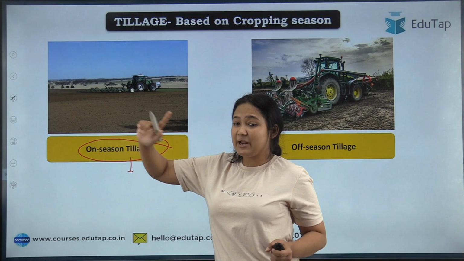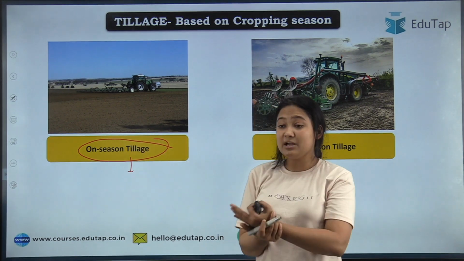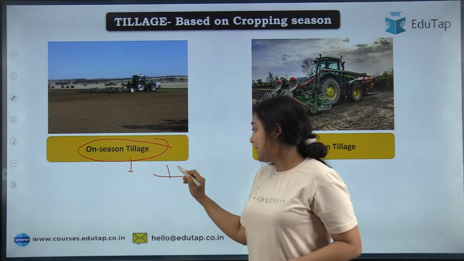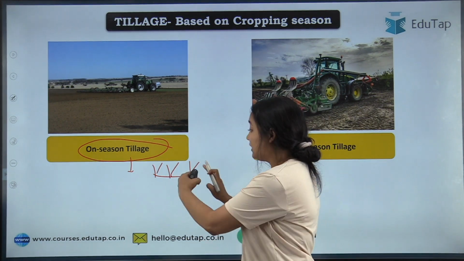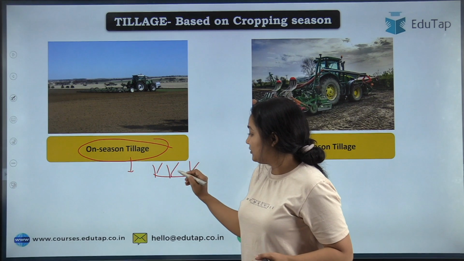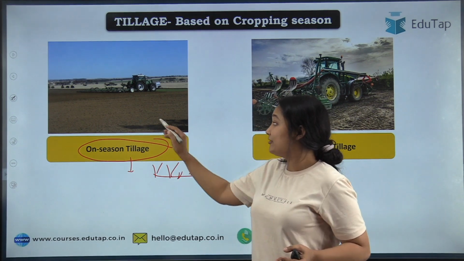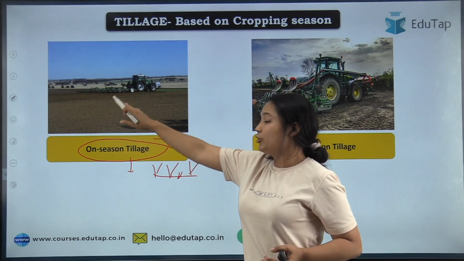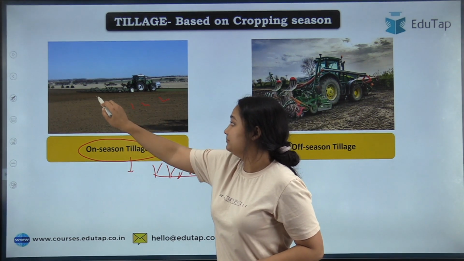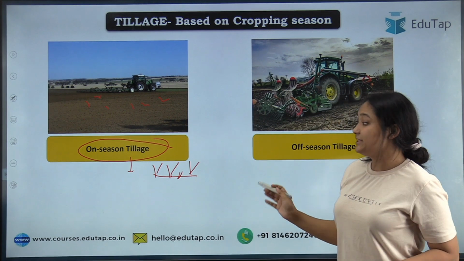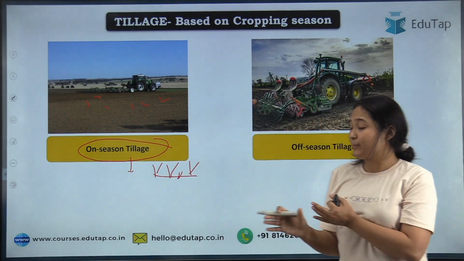As we have studied in primary tillage and secondary tillage, this all is done when your plants are in the field. Okay, you are doing weeding, you are doing hoeing, you are doing earthing up. Okay, then you are subsoiling. That all is done when you are about to grow your plant, or you are about to plant your seed in the field. So that is on season tillage, quite easy, not much to discuss.